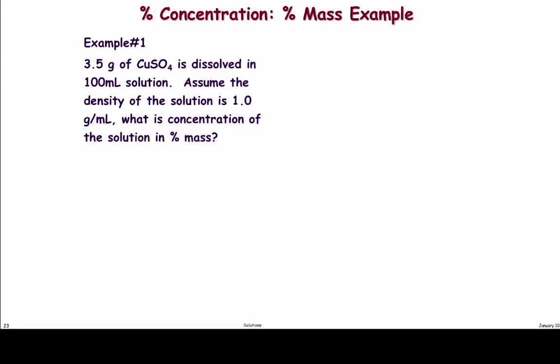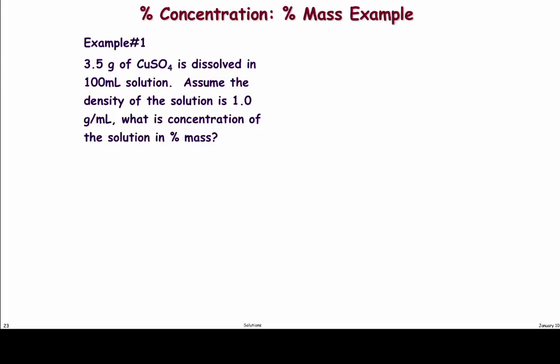What we have here is actually more information than you need. What you need to do is realize that you have 3.5 grams of copper sulfate. That's the mass of the solute. And you have 100 milliliters of solution. Well, if the density is that for every 1 gram you have 1 mL, then 100 milliliters is actually 100 grams.